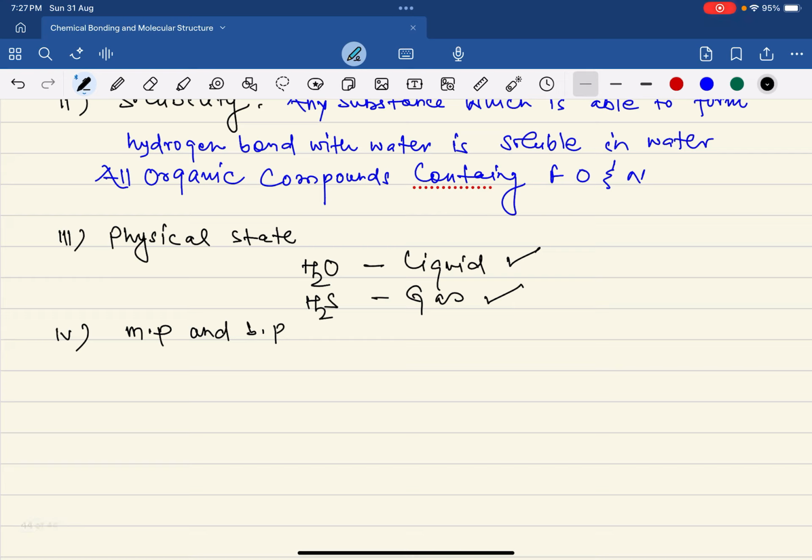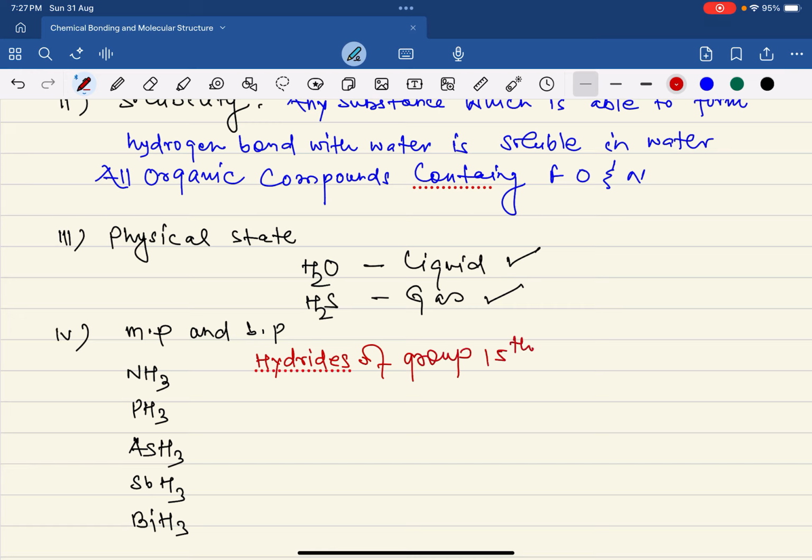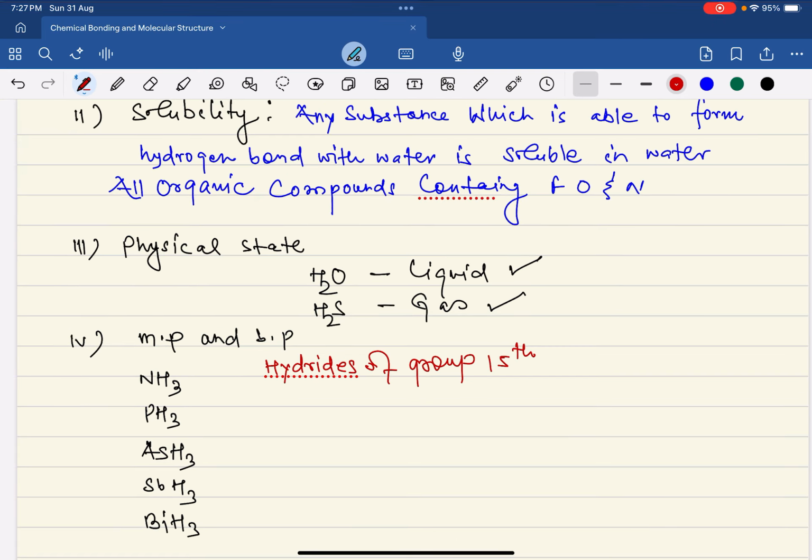For example, ammonia, phosphine, arsine, antimonine and bismuthine are hydrides of the 15th group in the periodic table. On the basis of molar mass, we know that molar mass increases down the group.